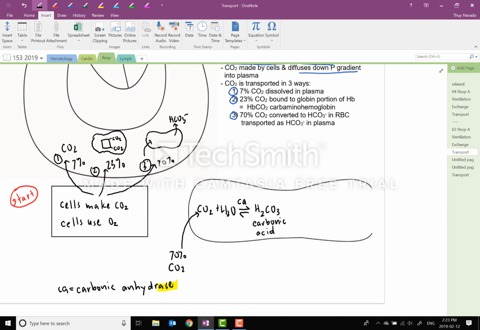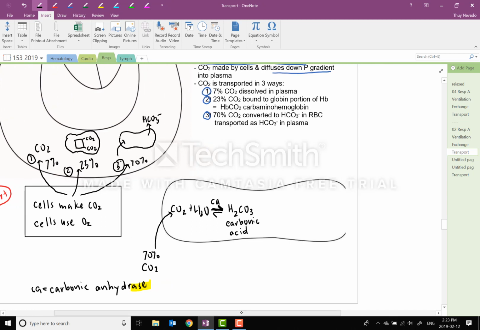So the reaction happens really quickly, and because at this point there's lots of CO2, although the reaction can go in either direction, the large amount of CO2 pushes it to the right, and carbonic acid is formed. Carbonic acid is a weak acid, which means it doesn't really hang out in that form for very long. Quite a lot of those molecules can actually fall apart or dissociate and form hydrogen and bicarbonate ion.